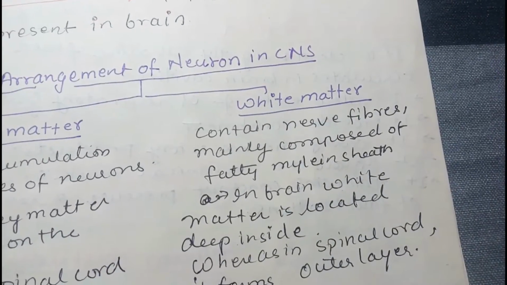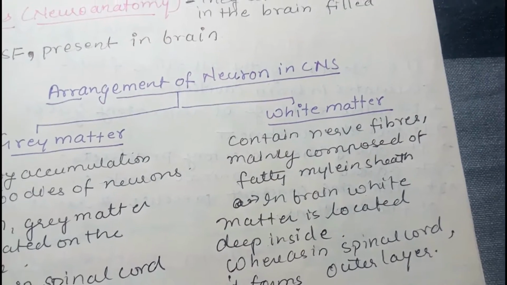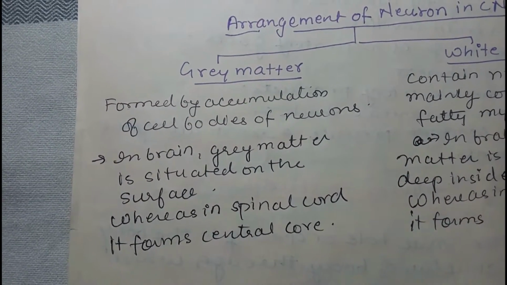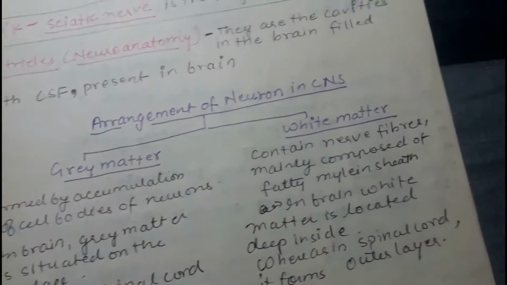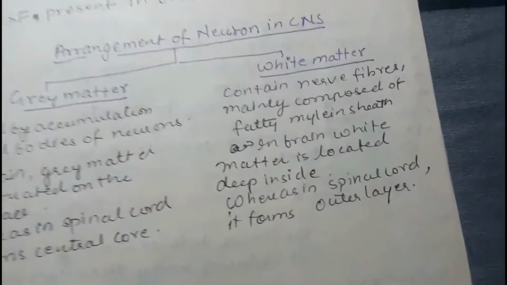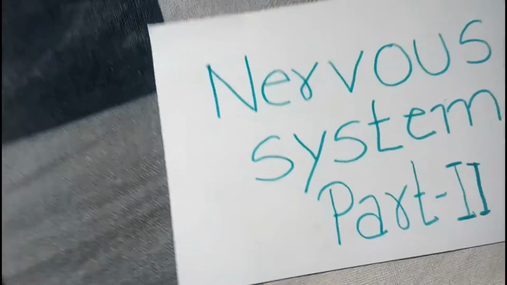White matter is formed by the accumulation of nerve fibers, mainly composed of fatty myelin tissue. In the brain, the gray matter is situated on the surface, whereas in the spinal cord it forms the central canal. Whereas the white matter in the brain is located deep inside, and in the spinal cord it is located outside.